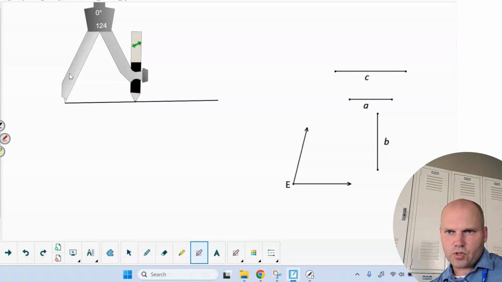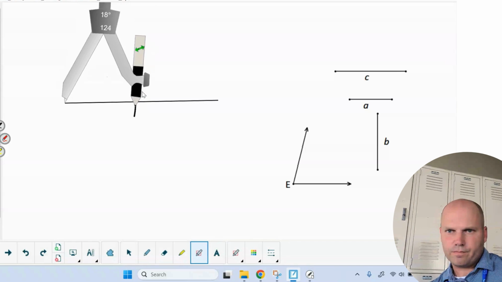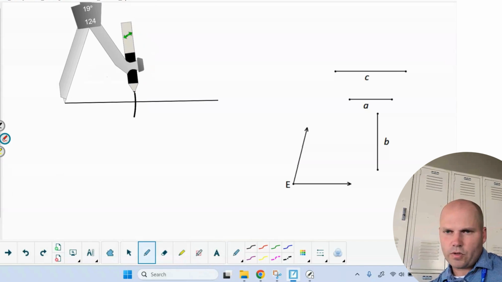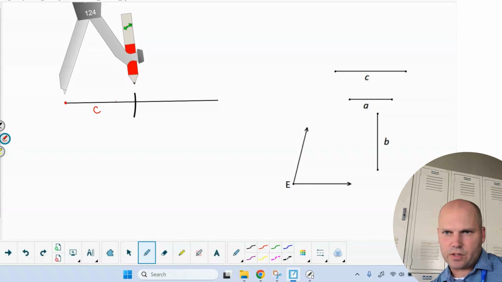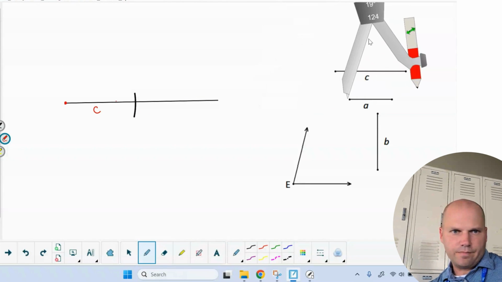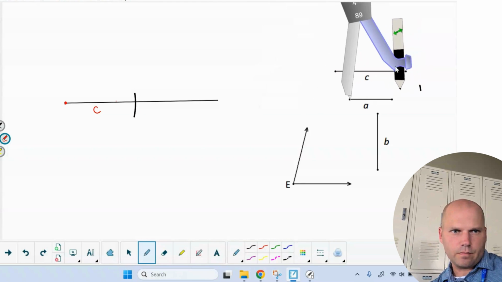Here's C. Start at this point. This is C. So that's length C right there. Label things, guys. Please label things. Where's A? Okay, here's A.